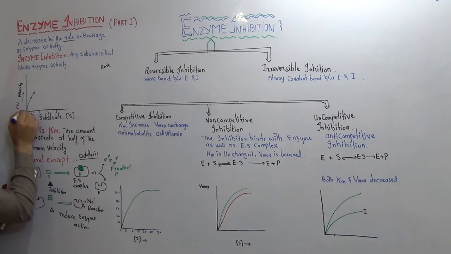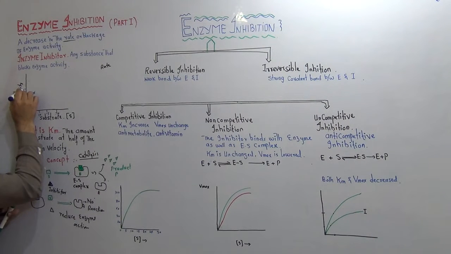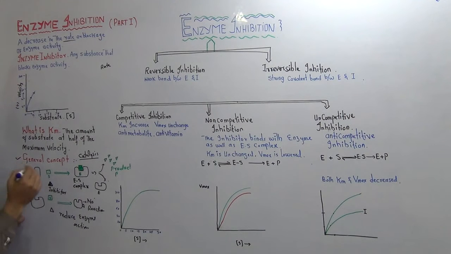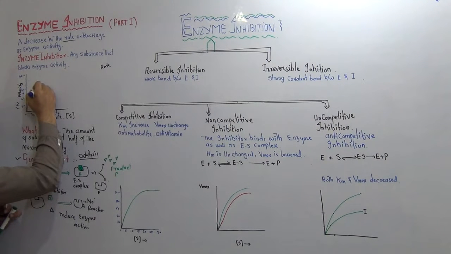Here we have 0 velocity, then 20 velocity, 40, 60, and let's suppose 100 velocity. The rate is 100. So the line is going up and up and up.